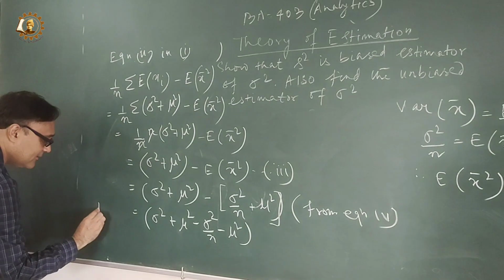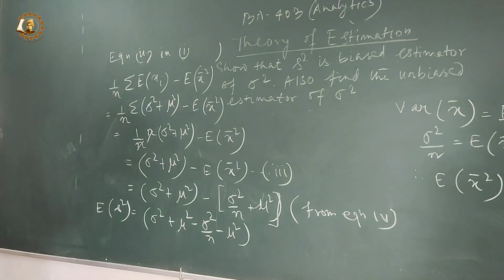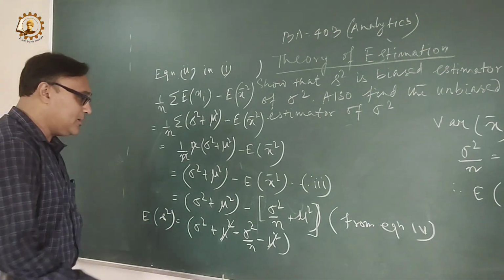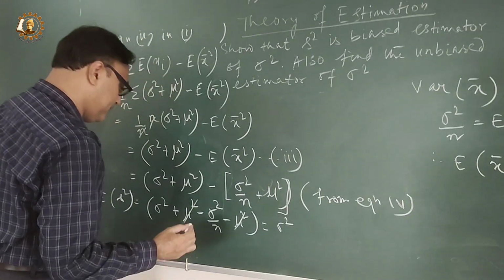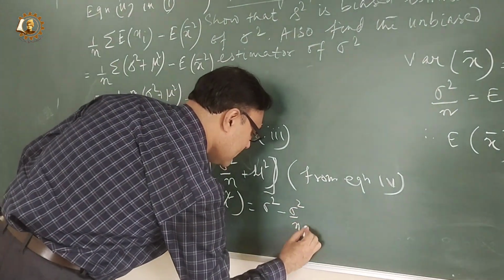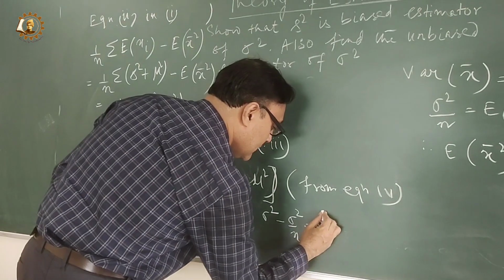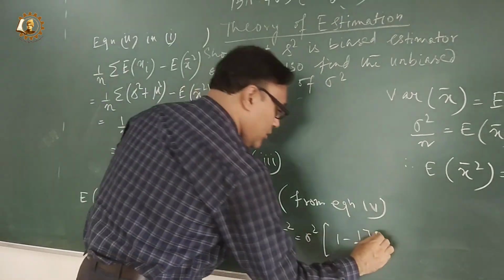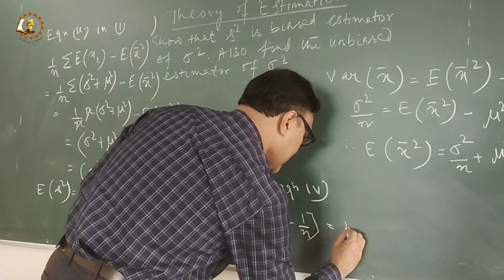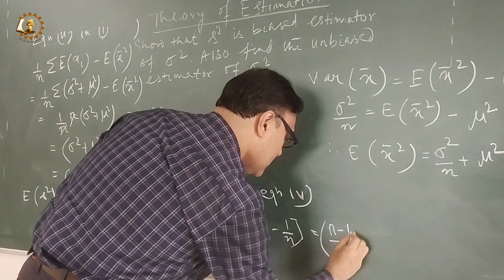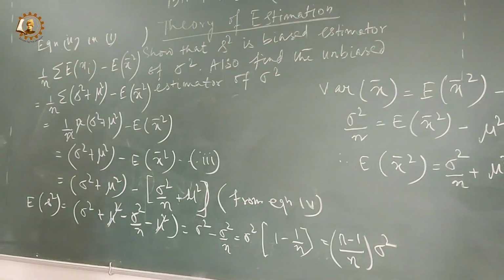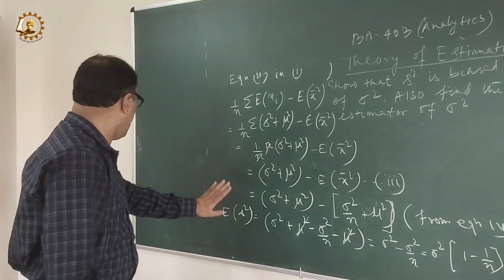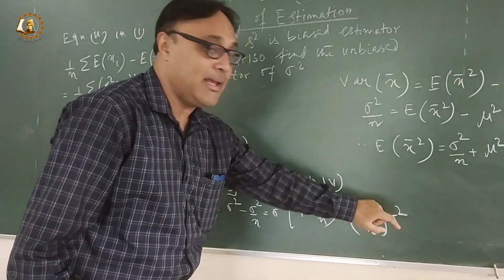And what is this? This is your E of s square. Here we cancel the mu square out, and ultimately we get sigma square minus sigma square by n. If you take sigma square common, this will be 1 minus 1 by n. If we simplify this, it will become n minus 1 by n into sigma square. Now you can see, we started from E of s square and we have proved that it is nothing but n minus 1 by n sigma square.